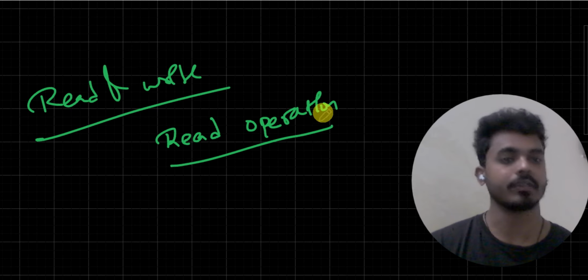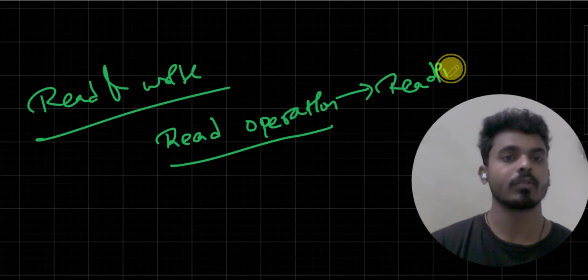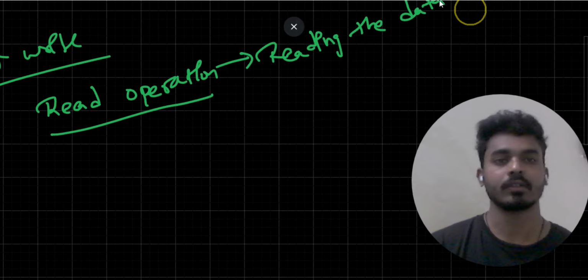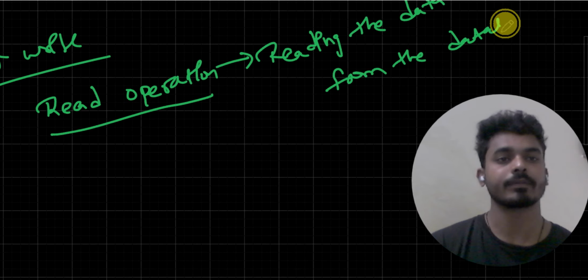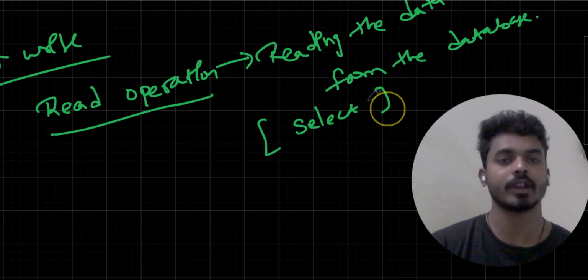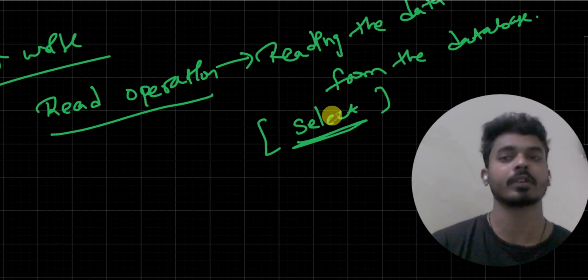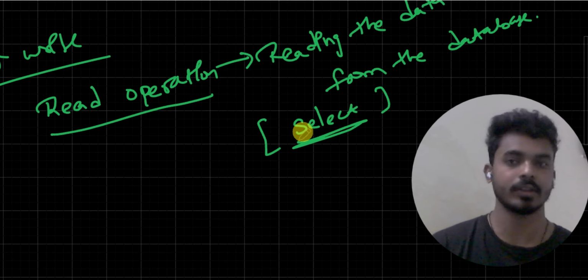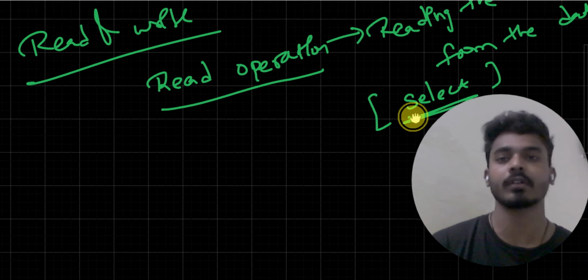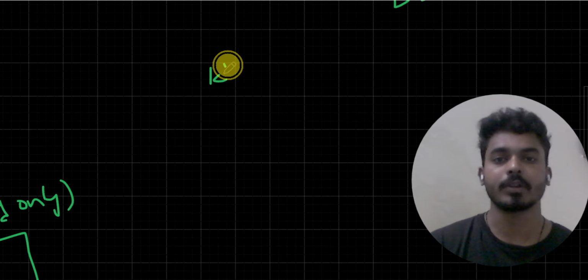Read operations mean we are reading the data from the database. For example, if you use a query like select star from table name, we are getting the data from the database, so we are reading that data. The select command comes under read operations.